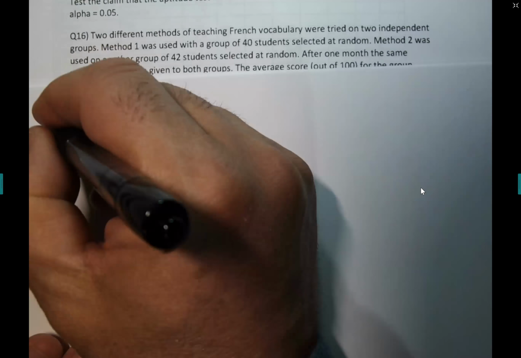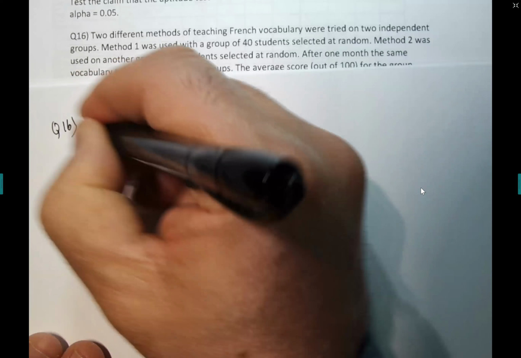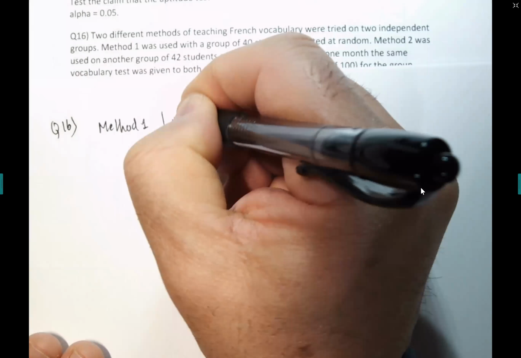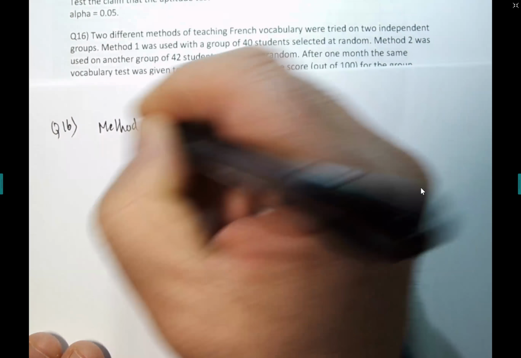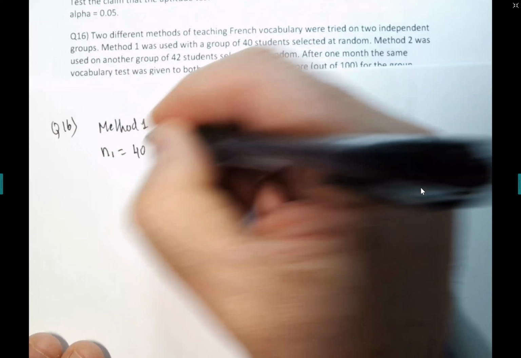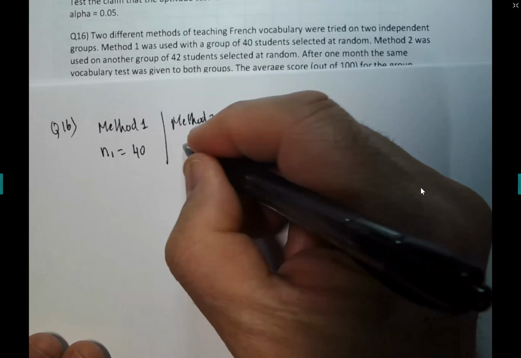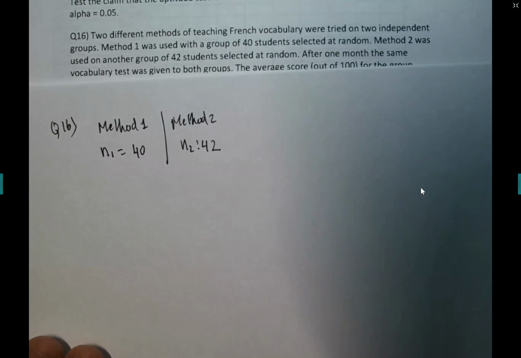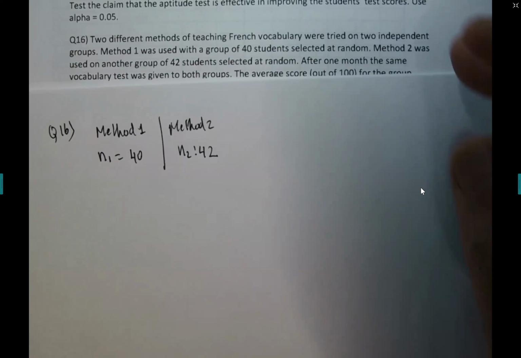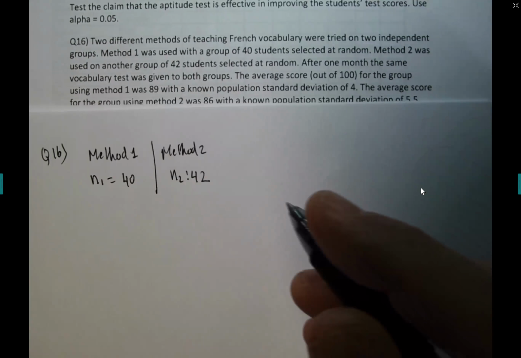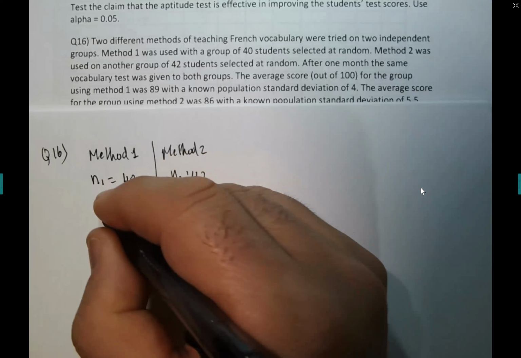Okay, so question 16. Method 1. Method 2, guys. N1, how many in the group? 40. And N2, 42. After 1 month, the same vocab test was given to both groups. The average score out of 100 for the group using method 1 was 89, so X1 bar.